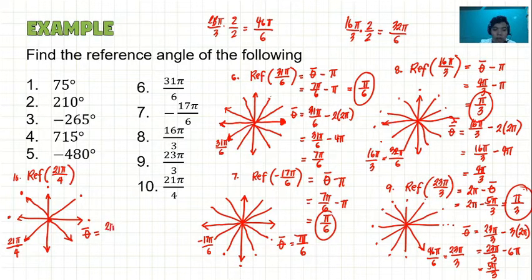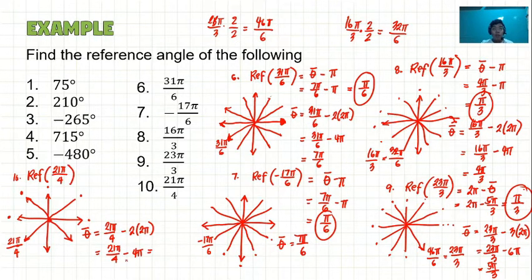So 21 pi over 4 minus 2 revolutions, so 2 times 2 pi. So this is now equal to 21 pi over 4 minus 4 pi. Okay, so this is 21 pi over 4 minus 4 pi. So 4 times 4 pi is 16 pi. 21 pi minus 16 pi over 4.